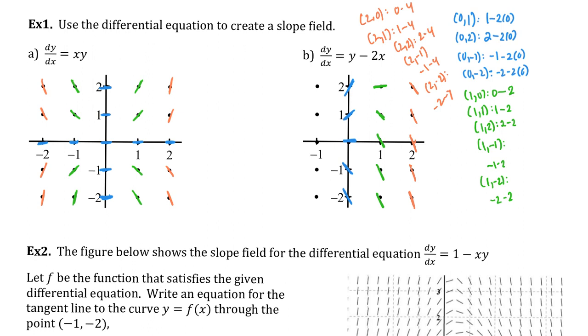Okay, one last column. How about x equals -1? And you don't have to show work for all of them. You can do these in your head. Okay, (-1, 0): 0 minus 2 times -1 is 0 plus 2, so we're going positive 2. (-1, 1) is 1 plus 2, 3. (-1, 2) is going to be 2 plus 2, 4. (-1, -1): -1 plus 2, 1. (-1, -2): -2 plus 2, 0.